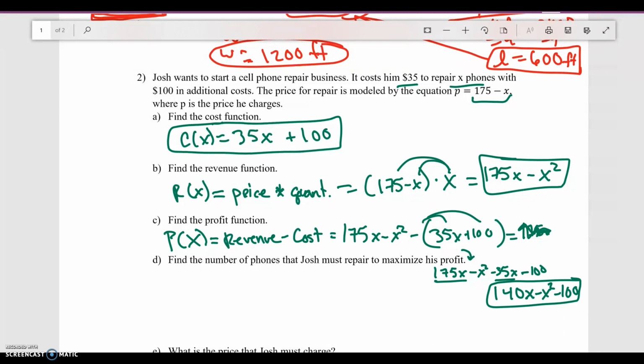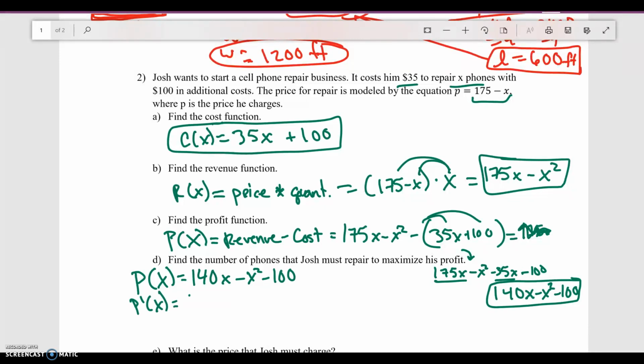All right. So now, for part D, we want to find the number of phones that Josh must repair to maximize his profit. We know that our profit function, P of X, is equal to 140X minus X squared minus 100. In order to maximize this profit, all I have to do is take the derivative.